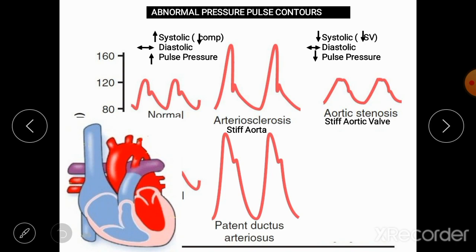Let me show you what is patent ductus, what is ductus arteriosus and what is its function in the embryonic life. You can see this blood vessel which is connecting the aorta to the pulmonary artery. In an adult, this duct is closed off, but during embryonic life this duct is open and it plays a very important role. When the blood from the mother reaches the heart of the baby, it enters through the superior and inferior vena cava and is carried to the pulmonary arteries.